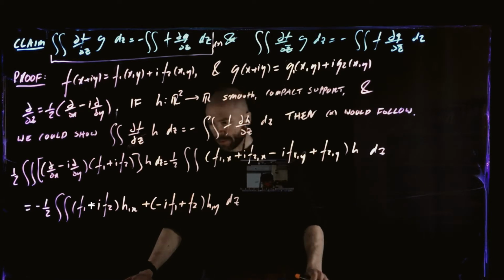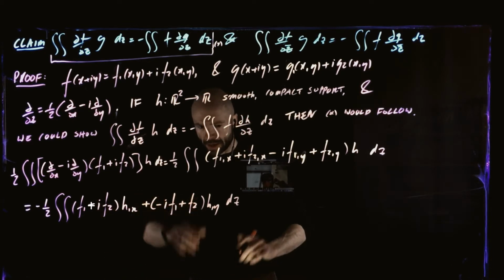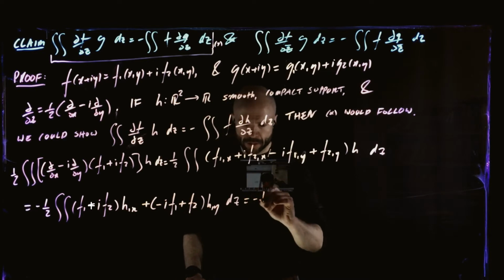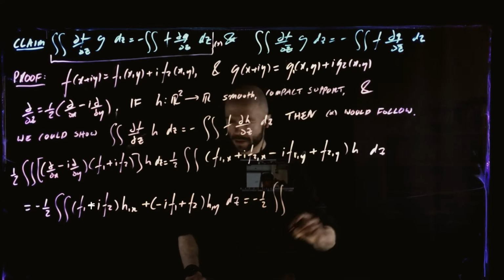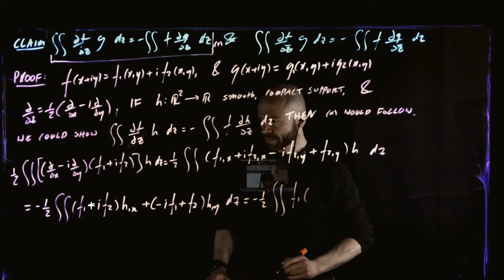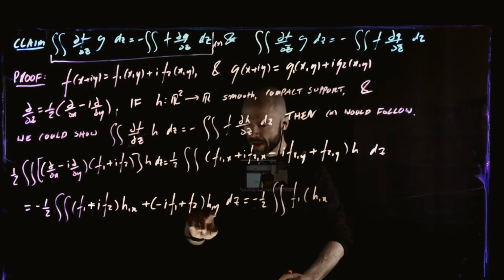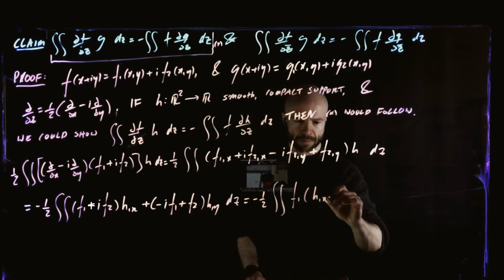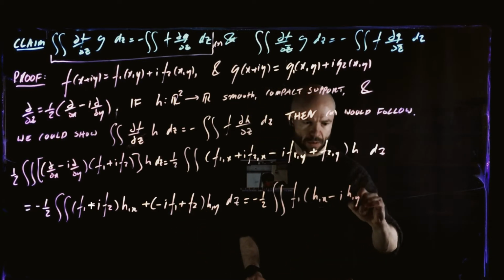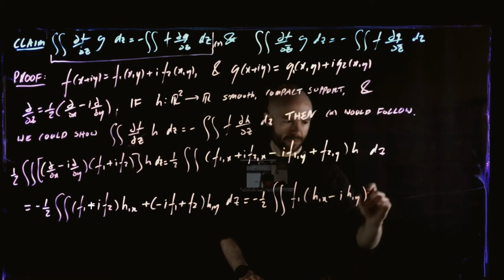Yeah? All right, let's put together the f1s and the f2s. So minus 1 over 2, and then we're going to have f1, and then it's going to be times h comma x, and then we have an f1 from here, so then minus i h comma y, like this. Let's put again the f1s.